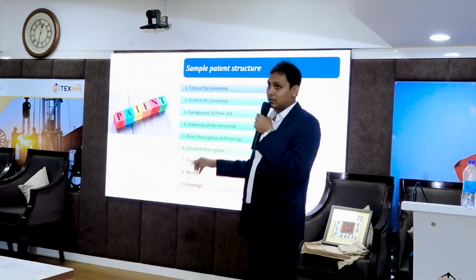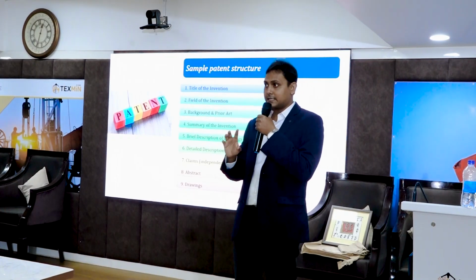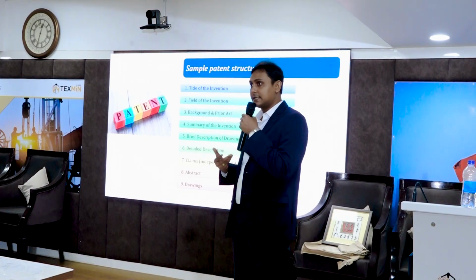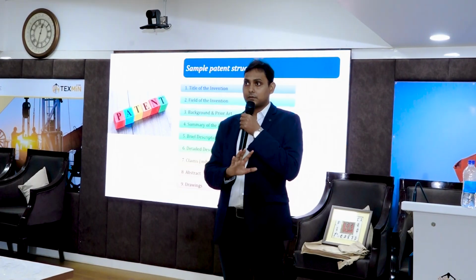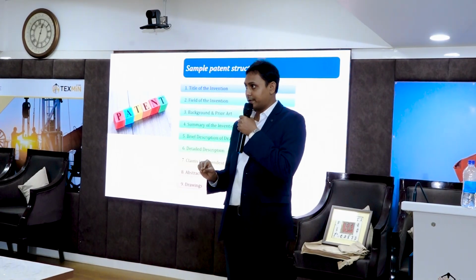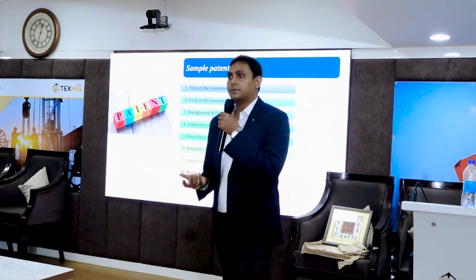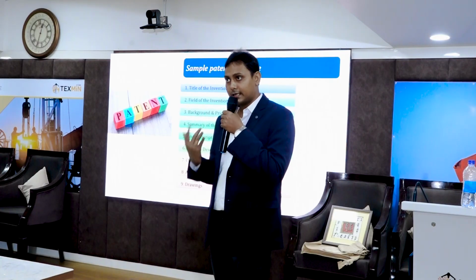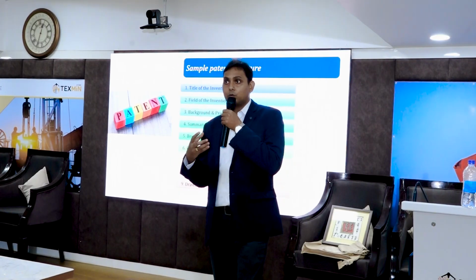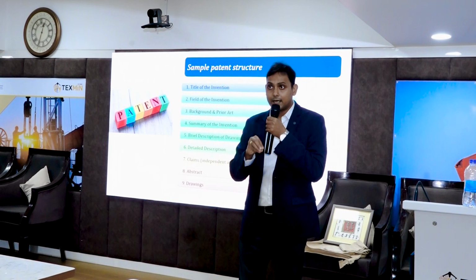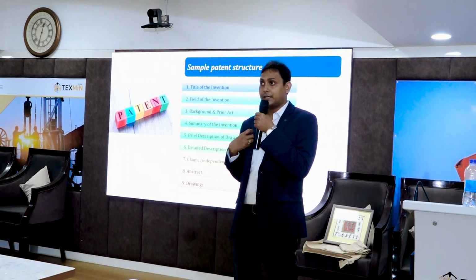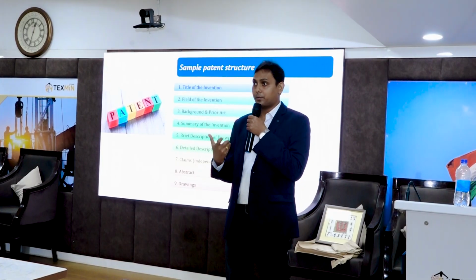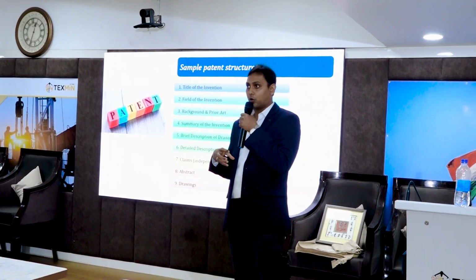In that background, you have to mention that these prior arts are already available in the market, and that you have done this invention out of these different prior art documents. It may not be possible to find all the prior art documents, but try to provide at least a few documents, so that you can disclose that these prior arts are present in your field of invention, and that you have considered these to find out the problems of these documents.